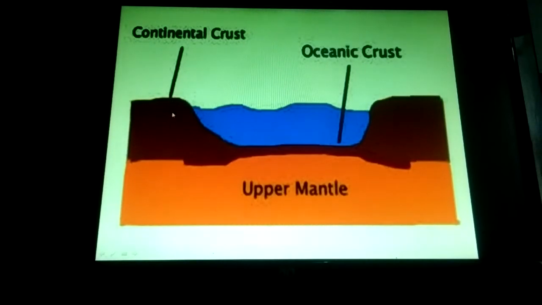Its major elements are silica and alumina.